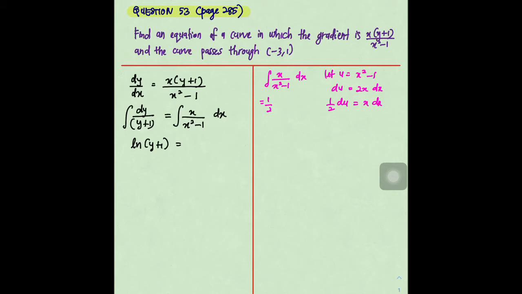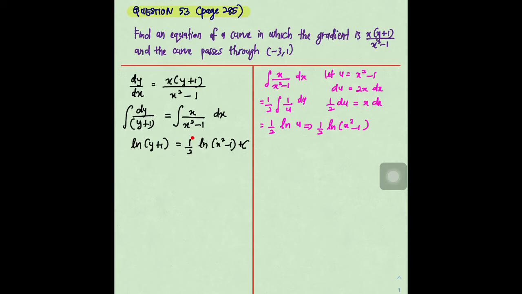So integrating 1/u du, you will get 1/2 ln u, which is 1/2 ln|x² − 1|, plus c.